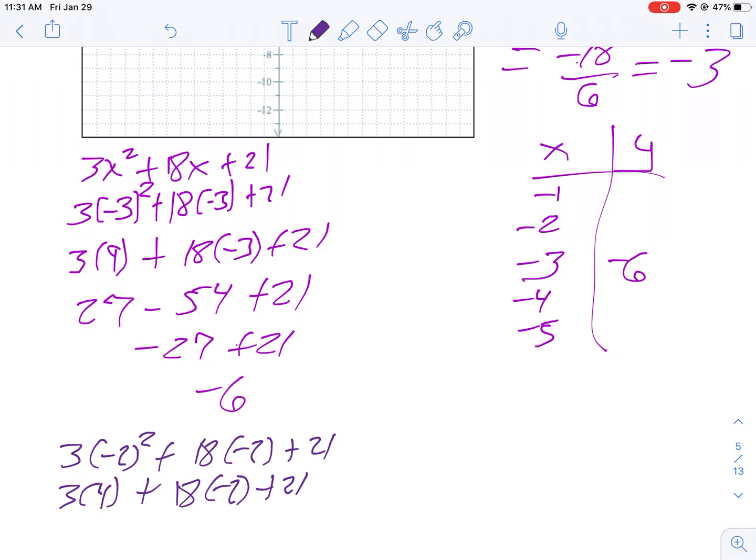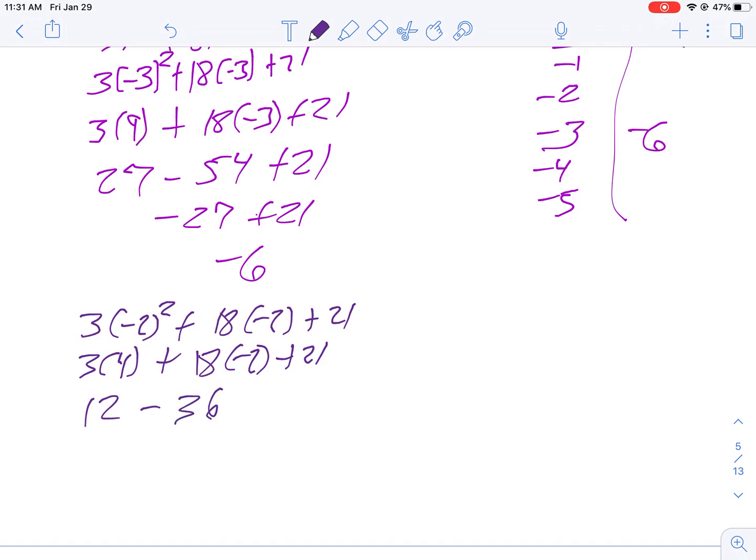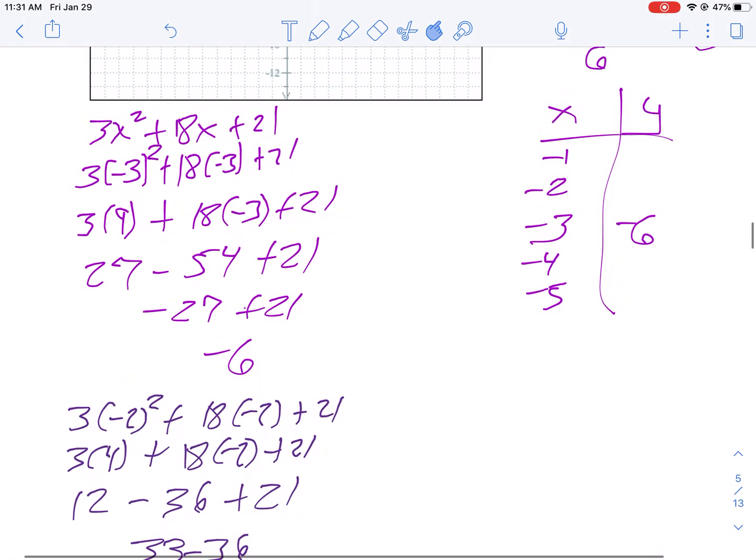I like to do the exponents first. 3 times 4 is 12, minus 36 plus 21. Well, 12 plus 21, I like to add them first. You get 33. Minus 36 is -3. So when you're at -2, you're going to be at -3.